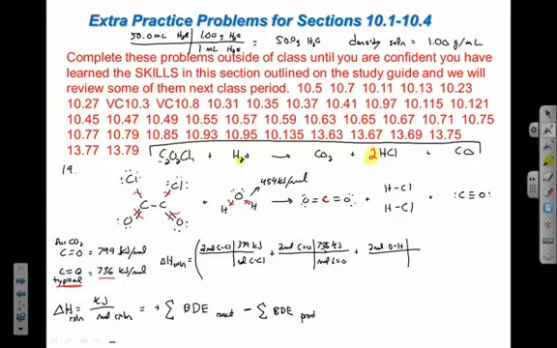And that one was given to me as 459 kilojoules per mole of OH bonds. So that is all the energy that needs to be absorbed to break all the bonds that are there.